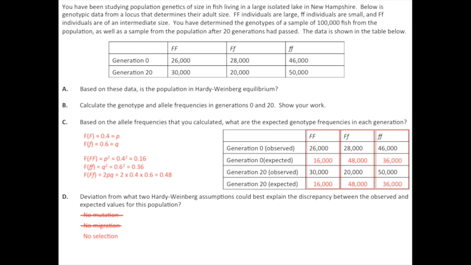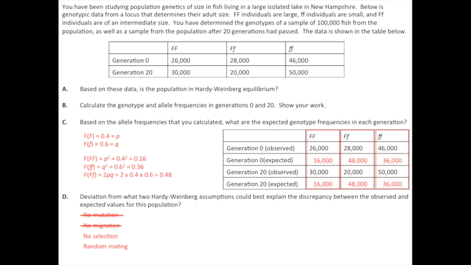Since all three genotypes correspond to distinct phenotypes, it looks like being of an intermediate size from the heterozygous genotype is selectively disadvantageous, since we see fewer of these than we expect. Correspondingly, being either large or small is advantageous. So selection is one possibility that could explain the data.